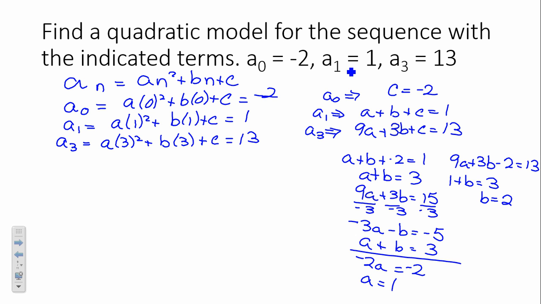So my new sequence: a is 1, so n squared, b is 2, so 2n, and c they told us was -2. Be okay with that one? All right.